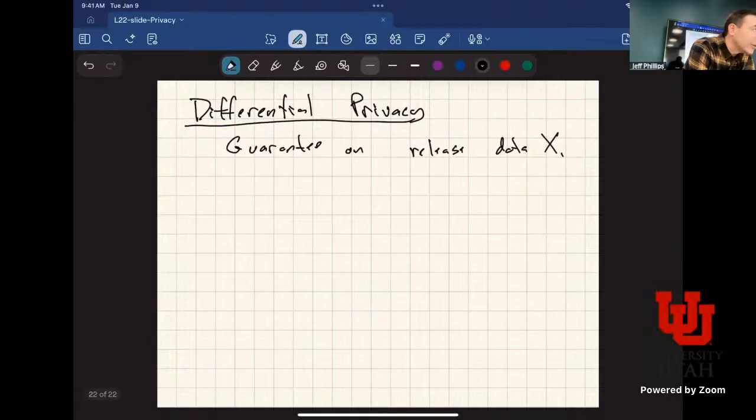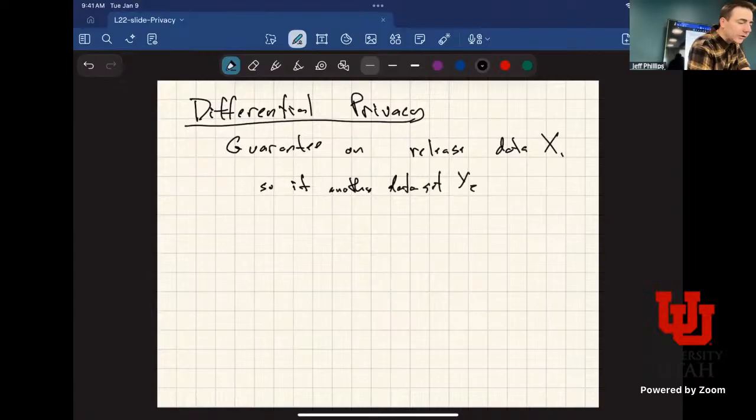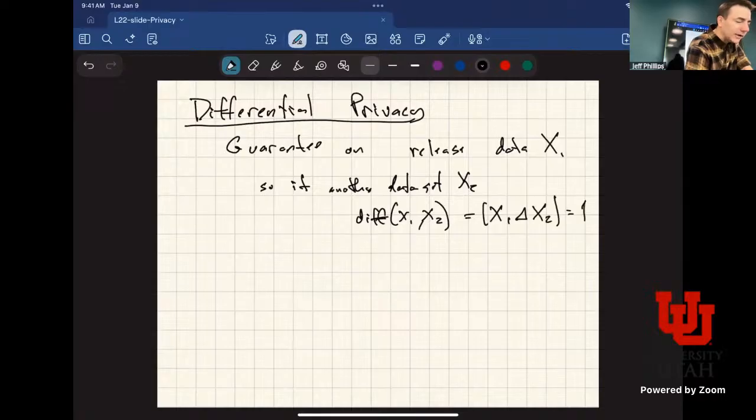The reason it's called differential privacy is so that you could compare it to another data set, x2. We have the difference between x1 and x2, often written as the symmetric difference between x1 and x2 equal to 1.